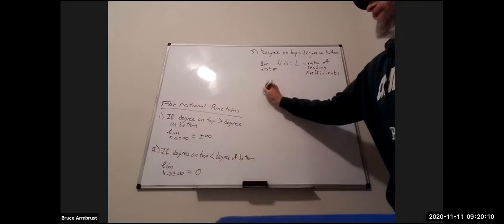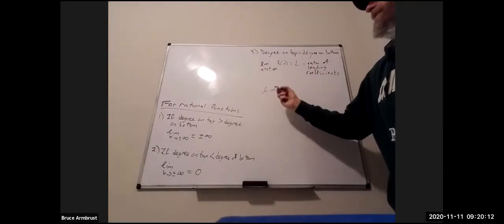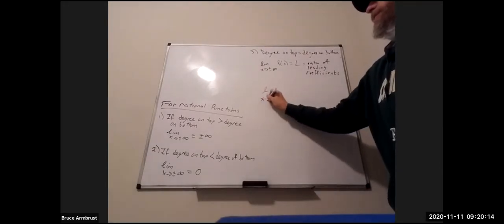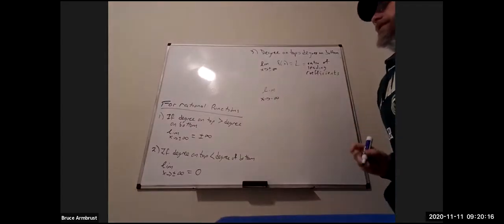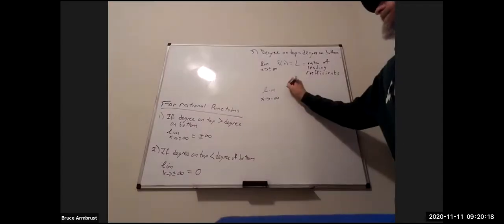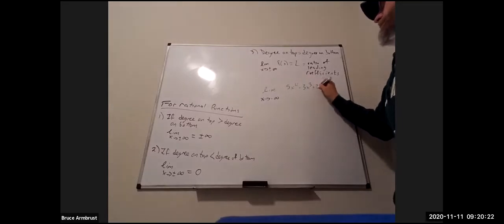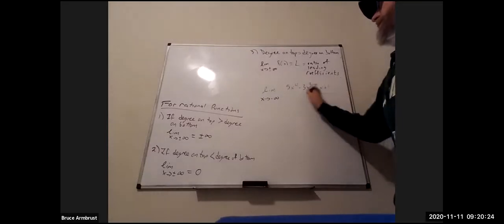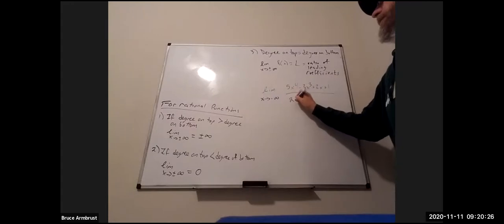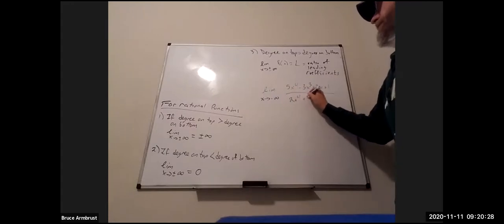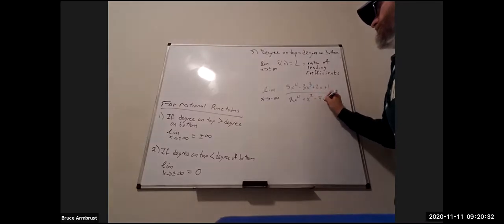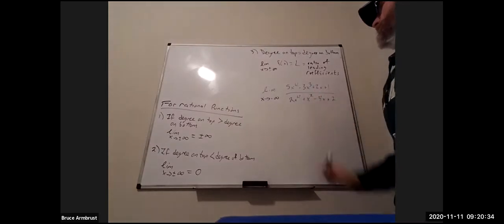So let's look at, say, the limit as x goes to minus infinity of 5x to the fourth minus 3x cubed plus 2x plus 1 over 2x to the fourth plus x squared minus 4x plus 2.